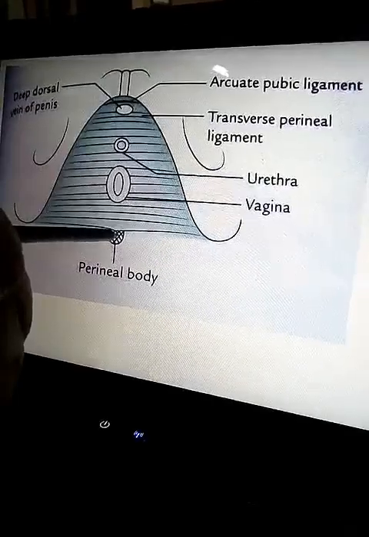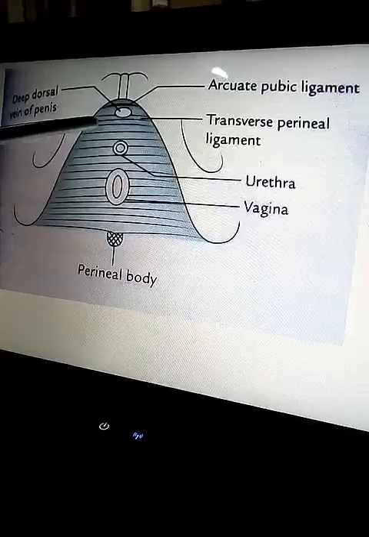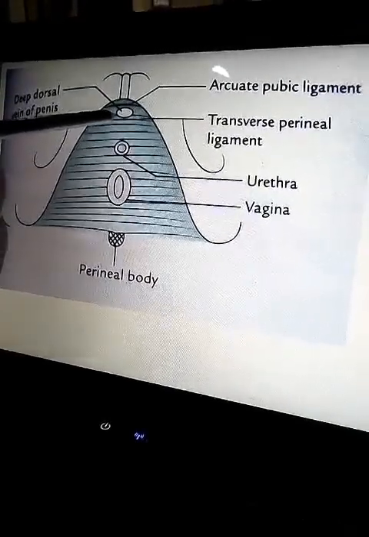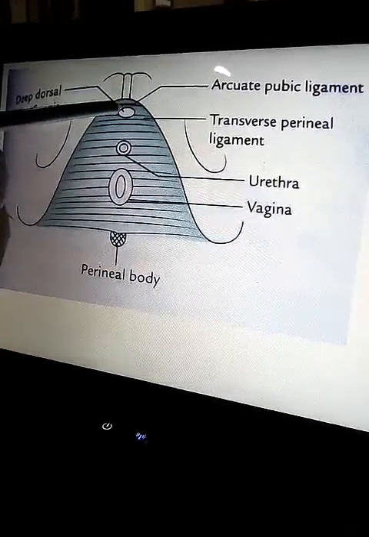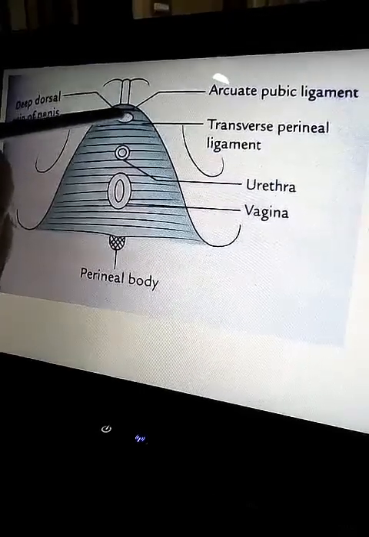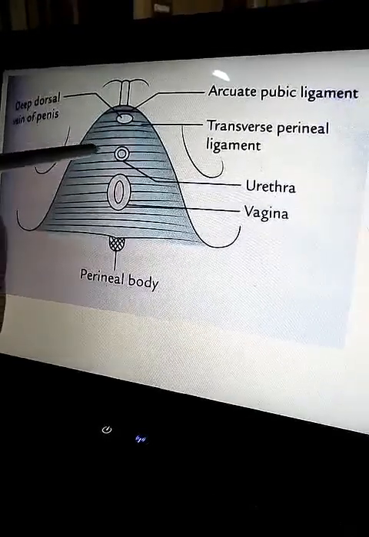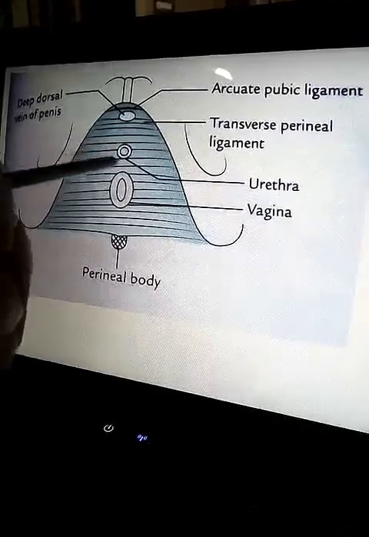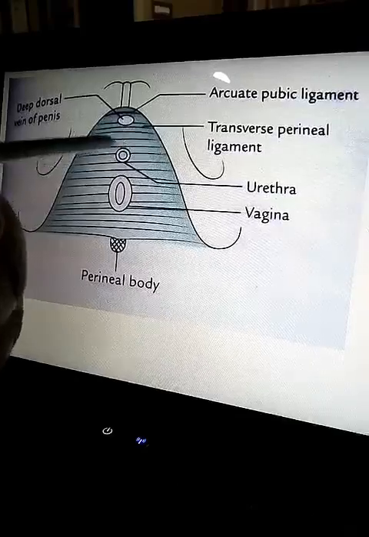The anterior margin of the perineal membrane thickens to form the transverse perineal ligament. A small gap between this ligament and the arcuate pubic ligament is traversed by the deep dorsal vein of the penis. Now, this perineal membrane is pierced by the urethra in males and by the urethra and vagina in females.